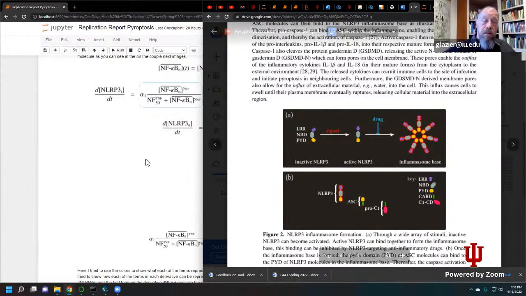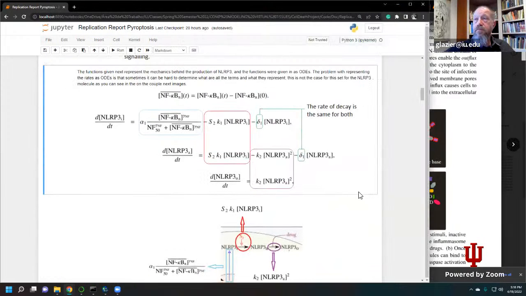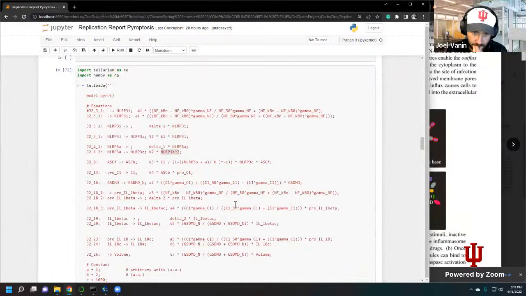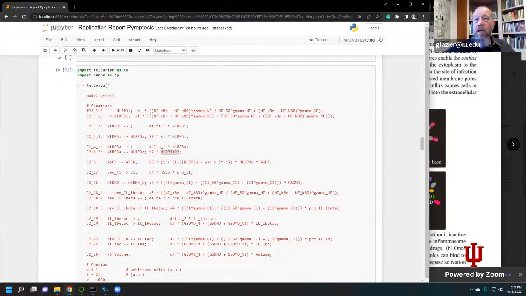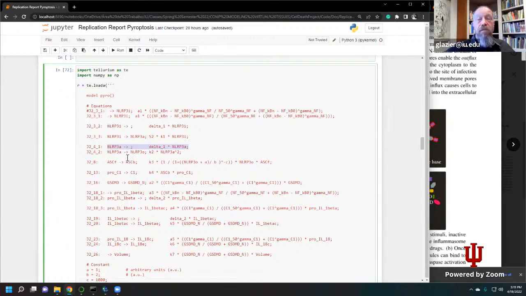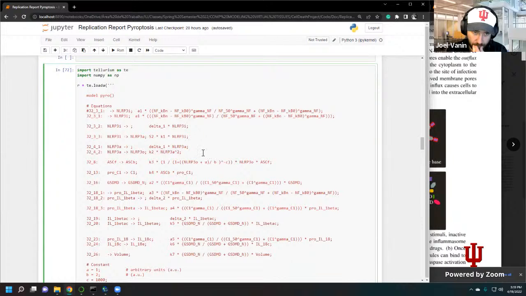But if we go back to the equations, let's go back even to your antimony. In the equations that you have here, NLRP3A decays. NLRP3A also becomes NLRP3O. So you can't wind up with more NLRP3O than you have NLRP3A.